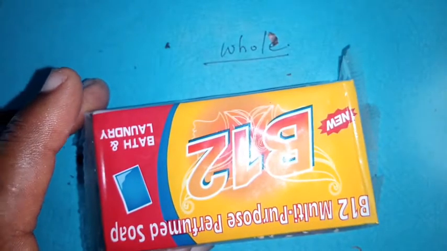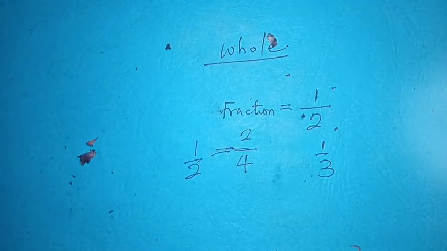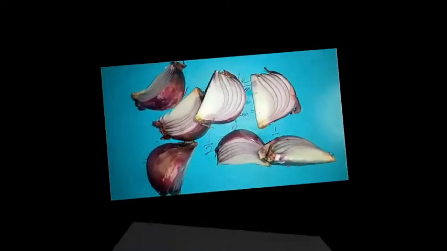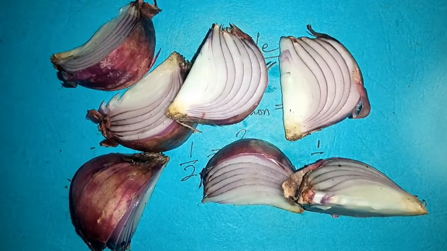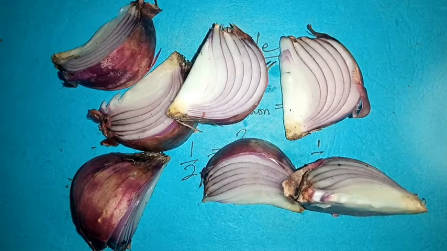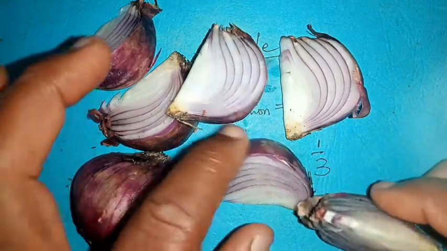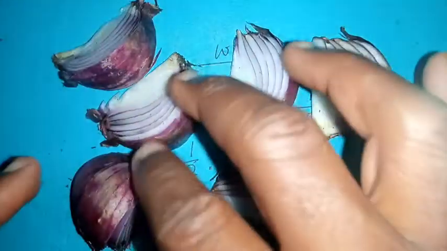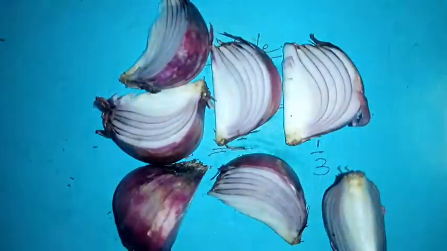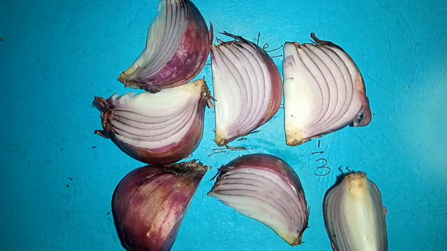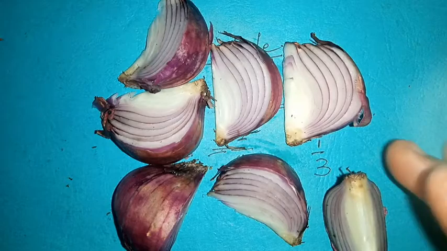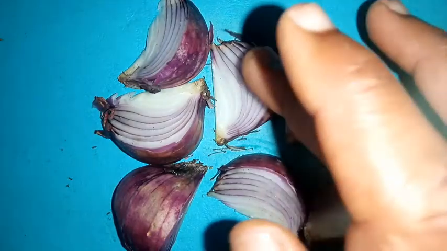Remember that the whole onion has been divided into how many places now? 1, 2, 3, 4, 5, 6. Any fraction you are talking about for this onion is going to have the denominator of 6, because we have 1, 2, 3, 4, 5.